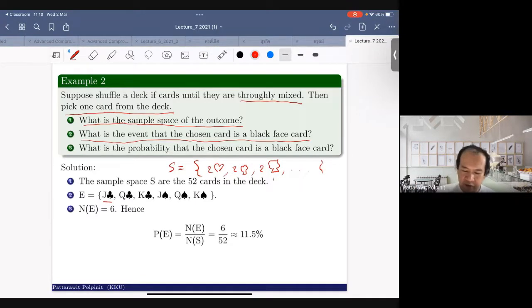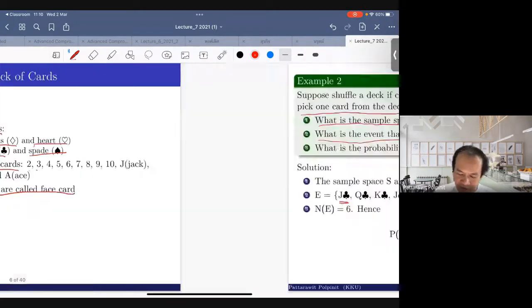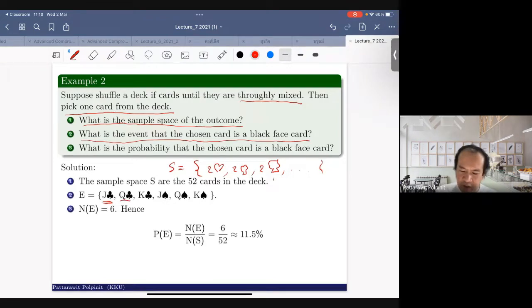So you have Jack of clubs, Queen of clubs, King of clubs, Jack of spades, Queen of spades, and King of spades. So the number of outcomes in the event is 6. The probability of choosing 1 card at random and getting a black face card is 6 divided by 52, which is about 11.5%.